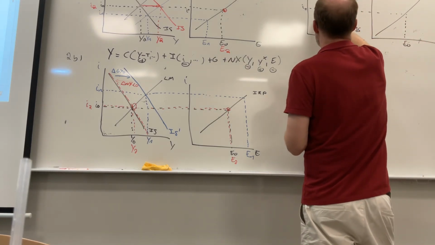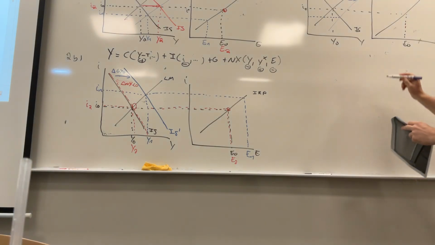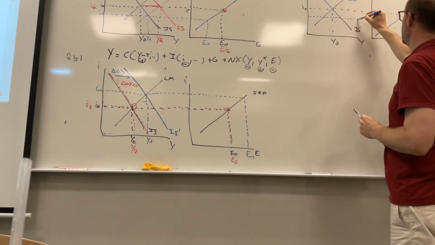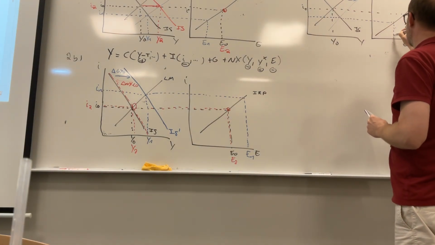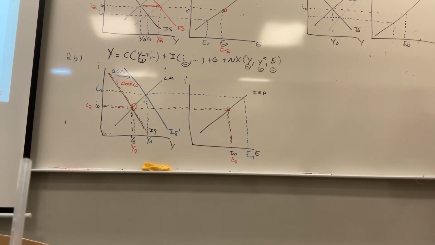Now this would tend to lead to a lowering of interest rates, which would lead to a lowering of the exchange rate. Now we have a fixed exchange rate policy. So what happens as the exchange rate starts to fall?